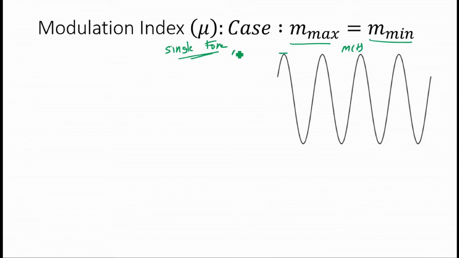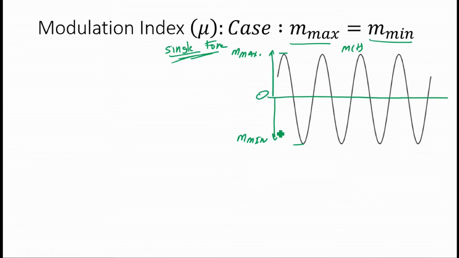So this is our m max, that is the maximum value of it, and this is m min. So since it's a single tone, the maximum value is equal to the minimum value in magnitude.